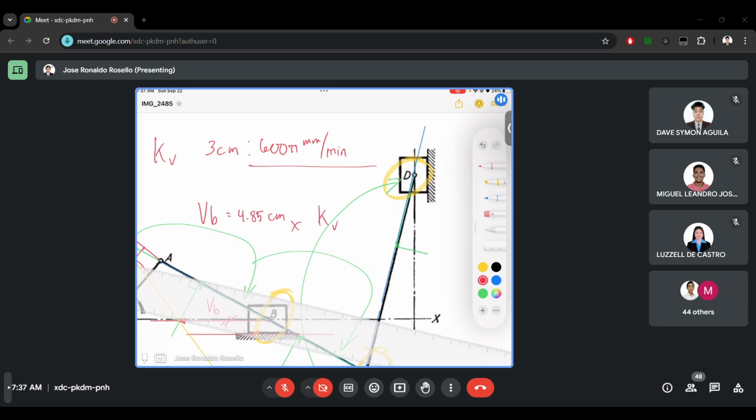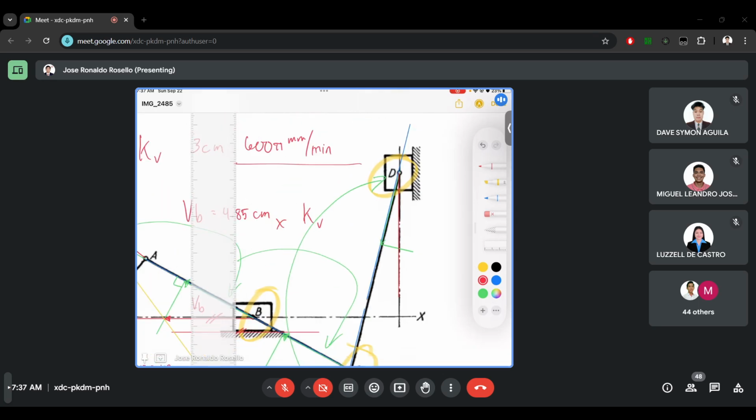Velocity D is on a slider, meaning its direction is parallel to the ground. If we have the ground here at vertical, let's make a vertical slider going to here. And their intersection here will be the end of velocity D. Again, this is parallel to the ground because this is a slider.